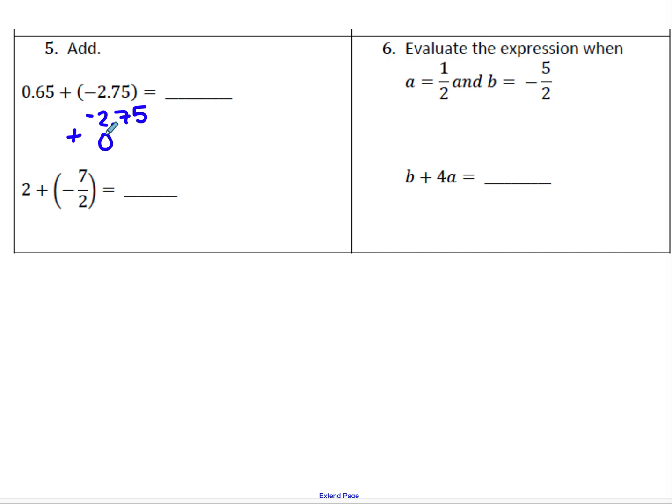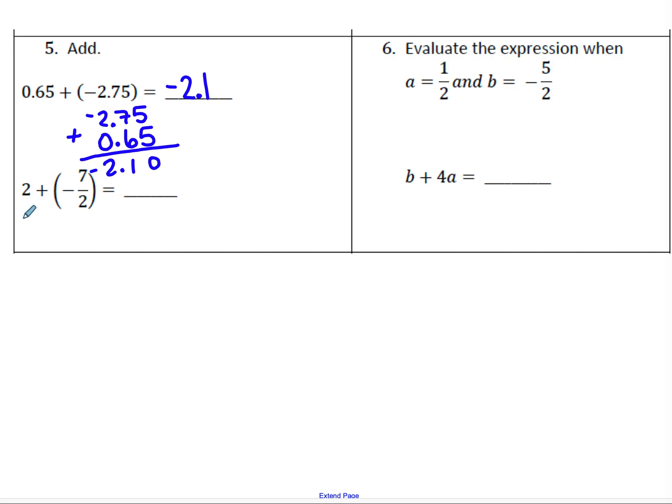Greater absolute value is going to go on the top. Different signs, find the difference. So we're subtracting. 5 minus 5 is 0. 7 minus 6 is 1. 2 minus 0 is 2. More negatives, answer is negative. So negative 2.1, and I could put the 0, or I could leave the 0 off. Negative 2 and 1/10.